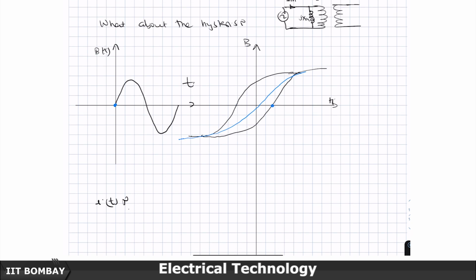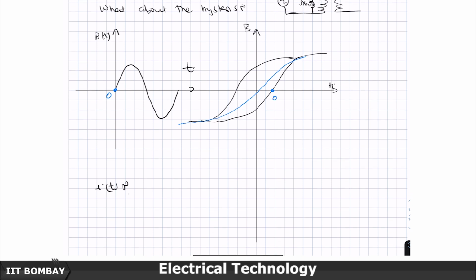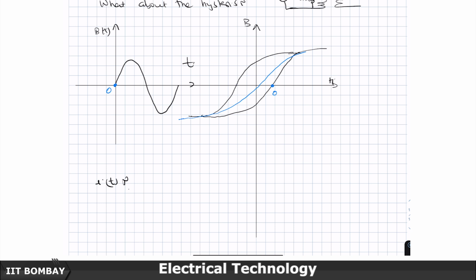So, this is point number 0. If you look at point number 0, there is some current associated with it, because there is some H associated, and therefore you have to push this current to get B to 0 to cancel the remnant flux which is there.